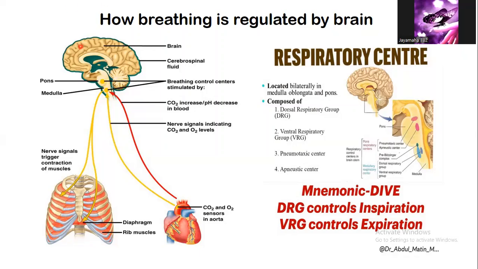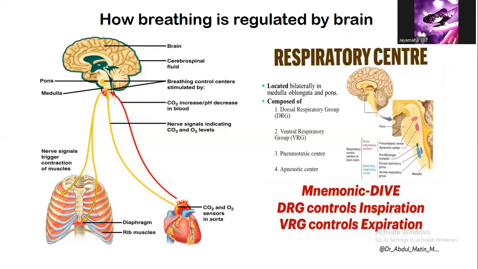In the brain, there are two parts responsible for your breathing: the medulla and the pons. The medulla receives the signals about the carbon dioxide and oxygen levels in your blood and determines the need to adjust breathing.